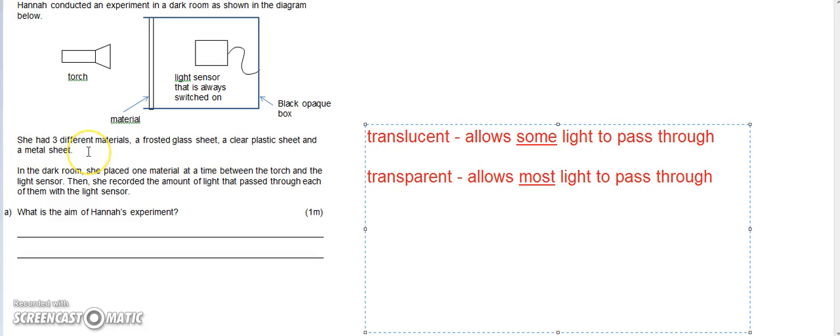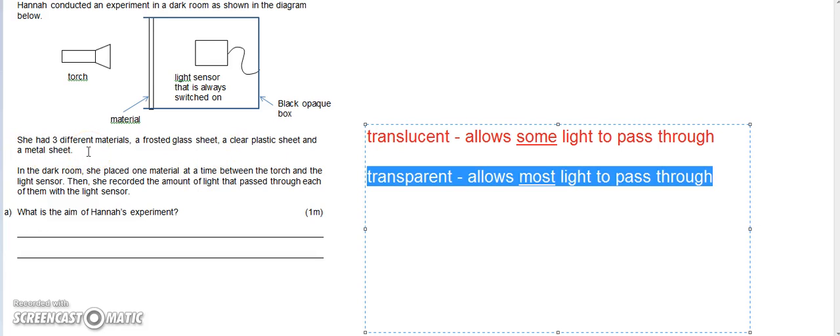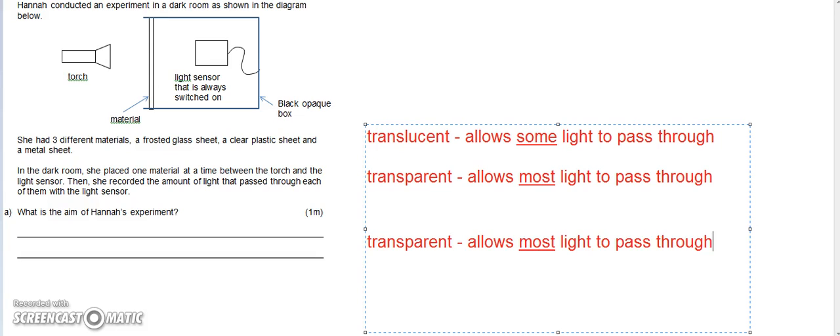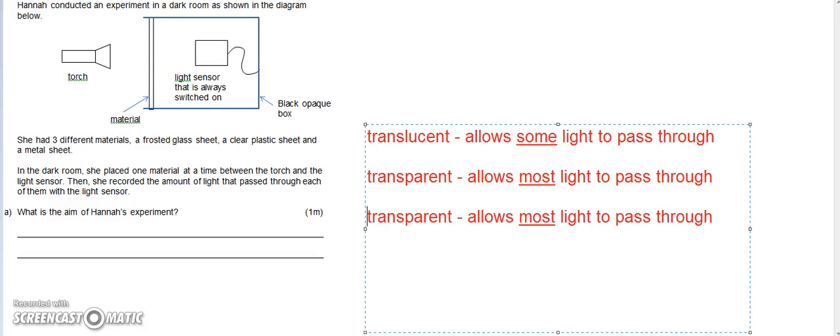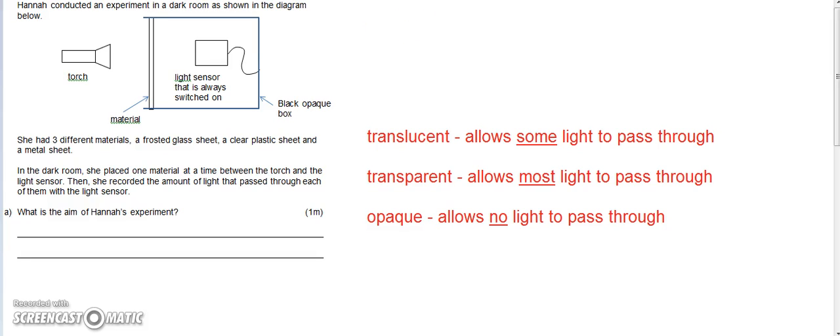And a metal sheet. We know that metals, especially a metal sheet, right? A metal sheet is opaque, right? Opaque. And opaque allows no light to pass through, right? So we know this, right? So we know that the frosted glass sheet is translucent.